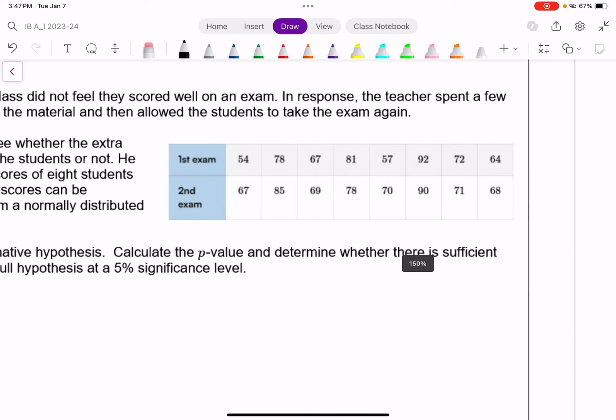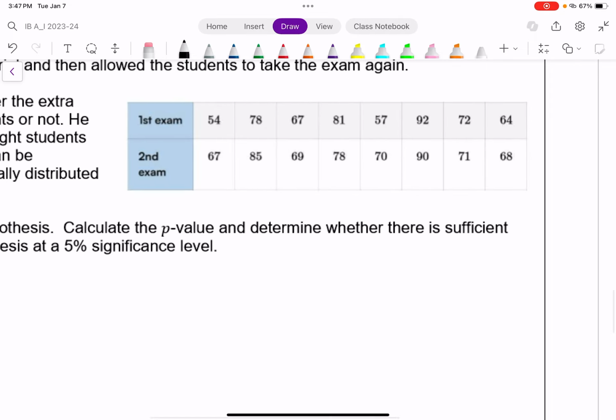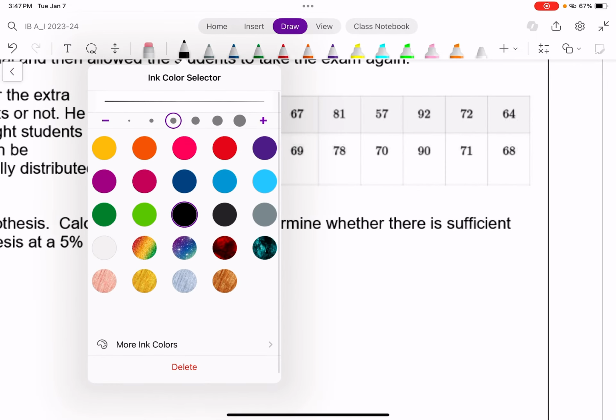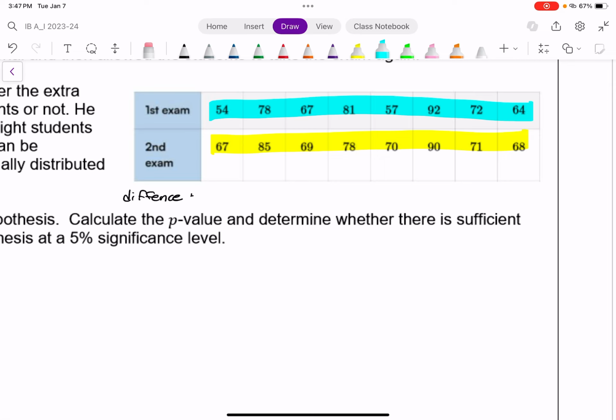So for a question like this, we want to compare these two sets of data. What really matters is not so much the actual data points here, but the difference. So I'm going to take this table and add on to it. We want to see how the second exam marks compare to the first. So I want to go to the second exam, take away the first to see how much they ideally improved.